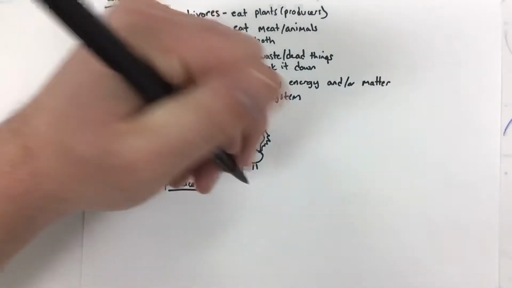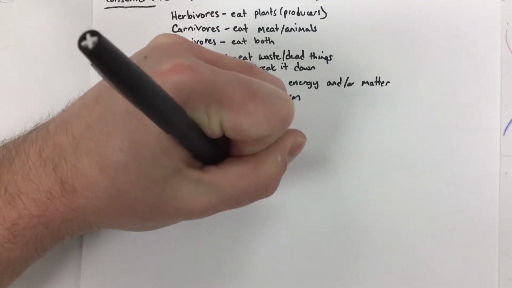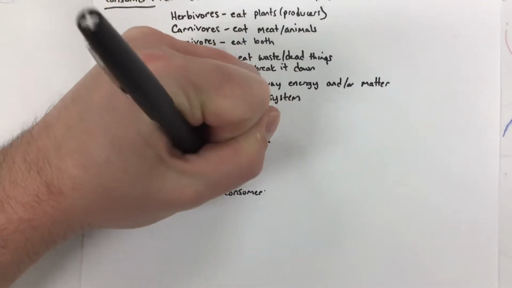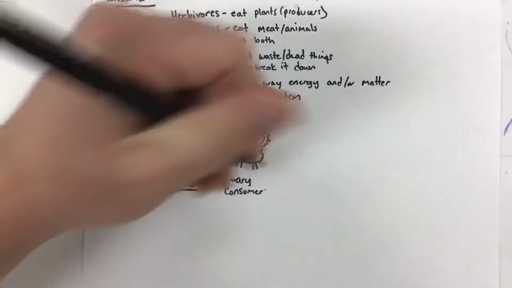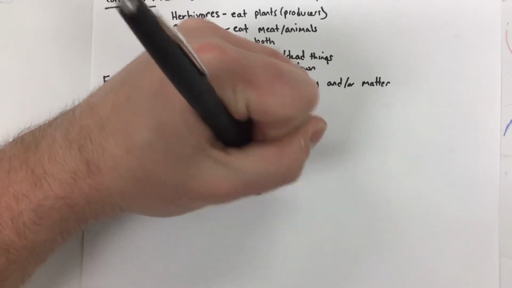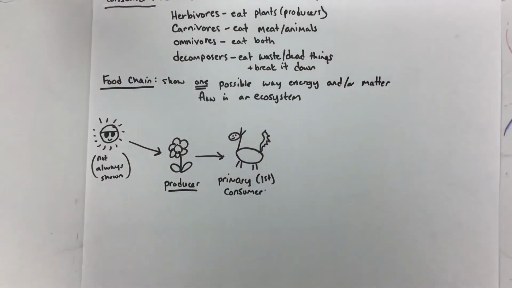Consumers. And the first consumer is called the primary consumer. The word primary means first. So the first consumer after a plant, after a producer, is called the primary consumer.